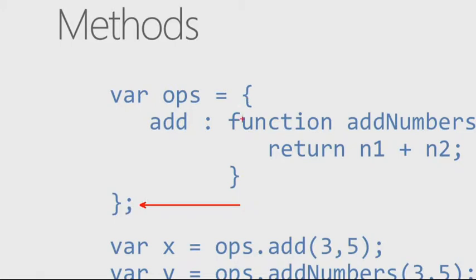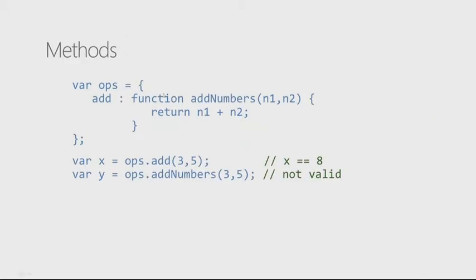What we've defined in between this curly brace and the other one is a function named add, and it's a member of ops. Once that function becomes a member of this curly brace thingy, which we'll just call an object for now, we'll say that object happens to have an add method in it, and that add method is a function that takes 2 numbers in and returns the result of that.